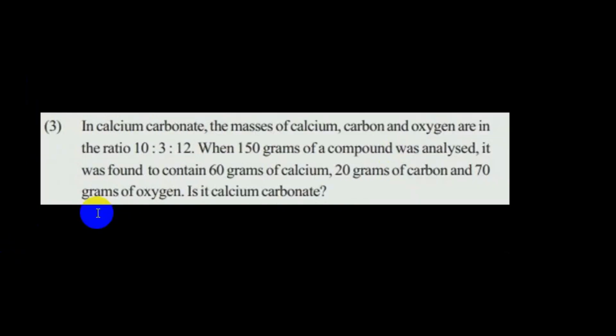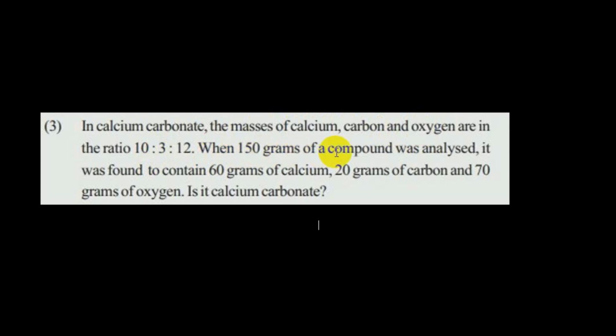See the question. In calcium carbonate, the masses of calcium, carbon and oxygen are in the ratio 10:3:12. In calcium carbonate, these are the elements contained: calcium, carbon and oxygen. Their masses are in the ratio 10:3:12.